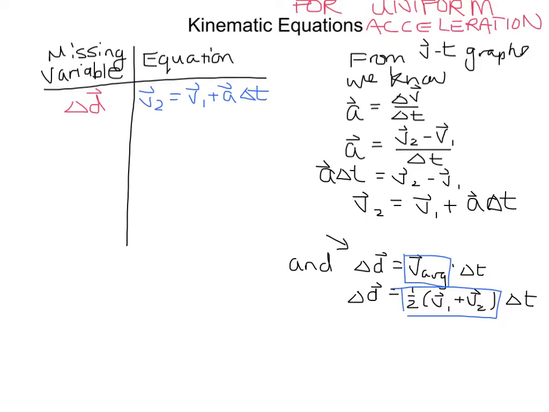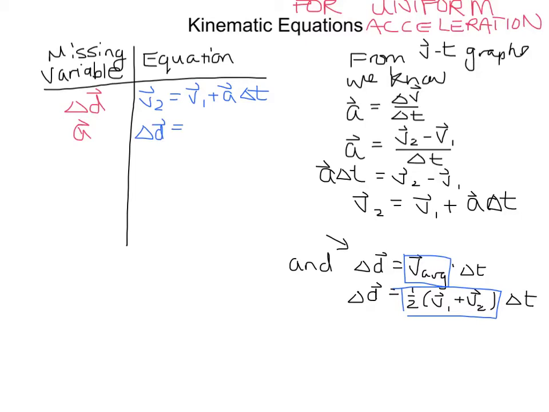So now we've got another equation. You can see this one's missing acceleration. It has the other 4, and this can be written in different forms just like the other one can, but this is the one you'll see it written in most often. So we'll put that one up here. So this one's missing acceleration, and I'm just going to rewrite the equation beside it.